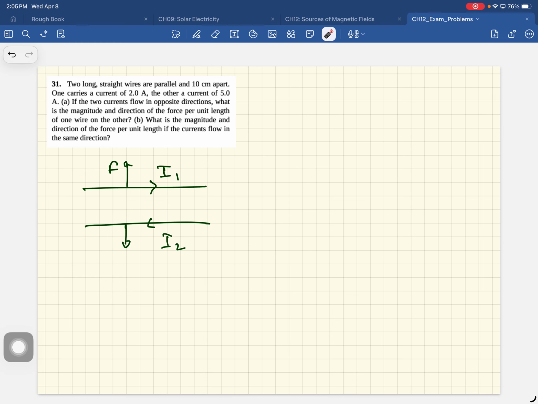Z is 0, and this would become R cubed. So here's the expression for the magnetic field at the center of a circular loop.